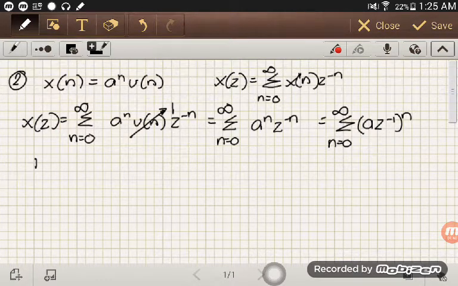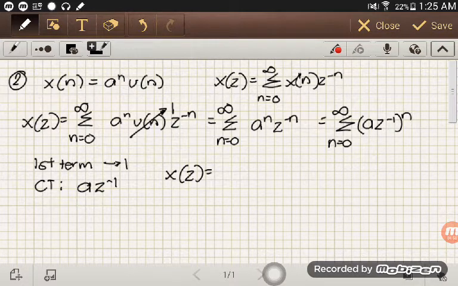Since now you're in the form of an infinite geometric series, we can identify your first term, which in this case is 1, and your common ratio, which in this case is a z^(-1). So substitute using the equation for an infinite geometric series. Your X(z) is equal to the first term over 1 minus your common ratio, which is a z^(-1).